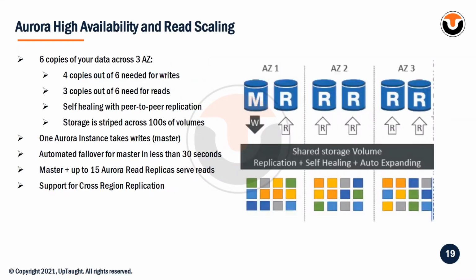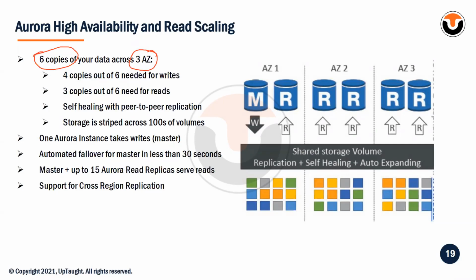Let's try to understand how they make this Aurora database highly available and scalable. Take a single Aurora database: they use 6 copies of your data across 3 availability zones. What does that mean?